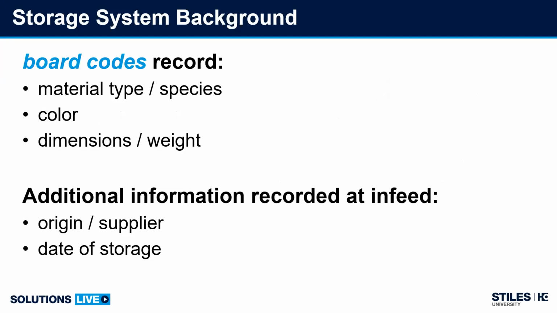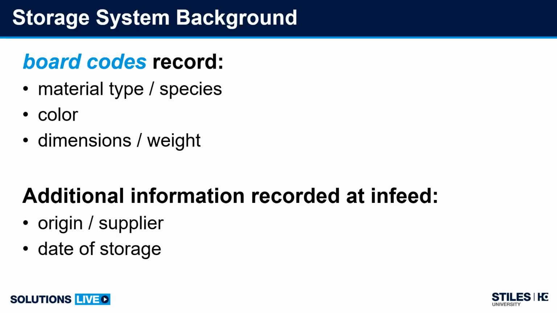Now, one of the things that can help you with the system, and we're projecting down the road, is that our board codes typically record material type, the species if we're dealing with veneers, the color of the materials, high pressure laminate, plastics, solid surface materials, and obviously dimensions, and the panels are all weighed.